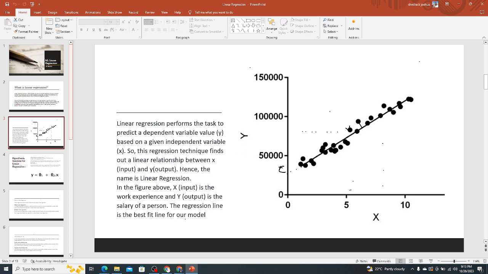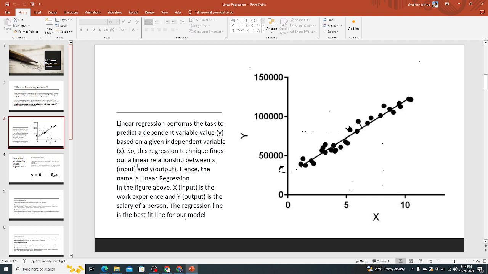It is y. Hence the name. So this regression technique finds a linear relationship between the x's, which are the inputs, and the y, which is the output. So hence now the name comes in as linear regression. Why? Because we are trying to find a linear relationship between the two variables, that is the input and the output.